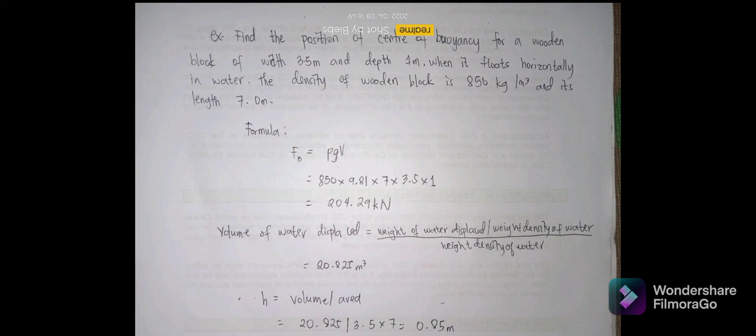Since the question asks you to find the position of the center of buoyancy, lastly you will use this formula: h is equal to the volume divided by its area. Following this, you should get 20.825 divided by 3.5 times 7. If you follow this, you will have a result of 0.85 meter.